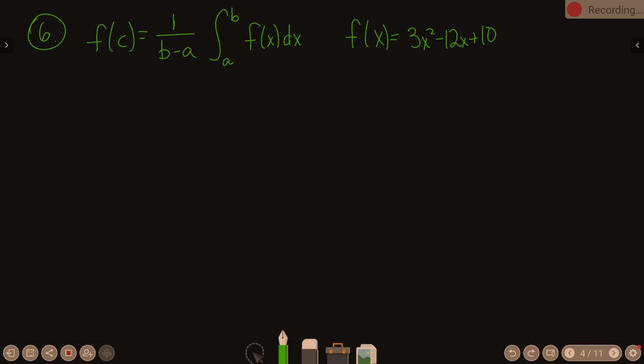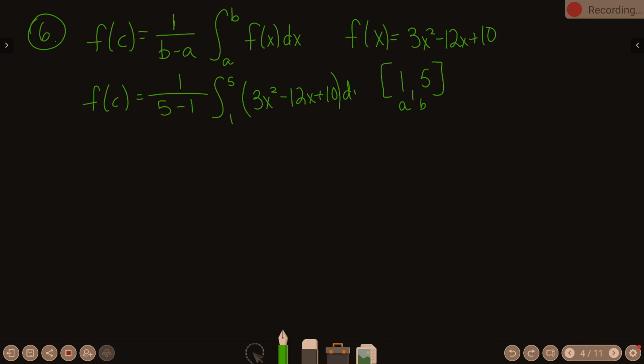So f of c, 1 over b minus a, where the given interval is 1 to 5, so that's going to be 5 minus 1 because those are your a and b values. So 1 over 5 minus 1 times the integral from 1 to 5 of f of x, which in this case is our 3x squared minus 12x plus 10 dx.